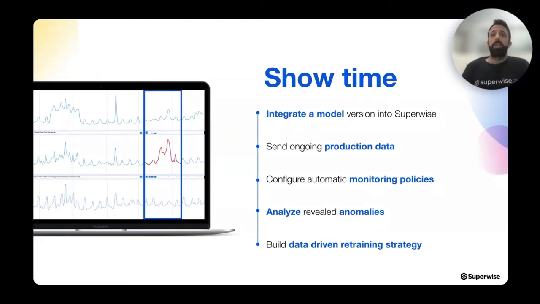Then we will analyze this model's behavior and automate the analysis using pre-configured policies and anomaly detectors. Eventually, we'd want to get some insights to find the best retraining strategy and optimize our production performance. Cool. So let's start.